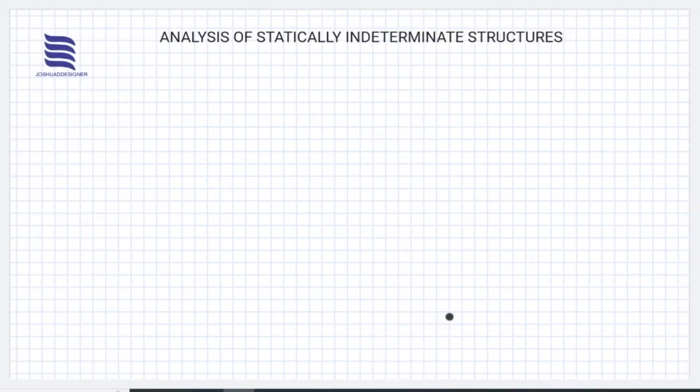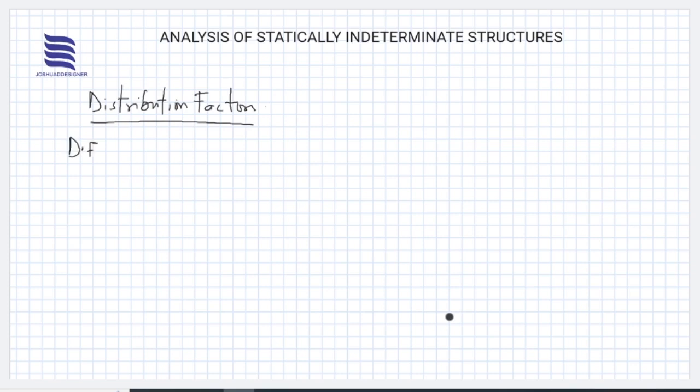So for distribution factors, for example, the distribution factor for any point or row and column, of which I will explain, will be equal to the stiffness of that in question over the summation of the stiffness.